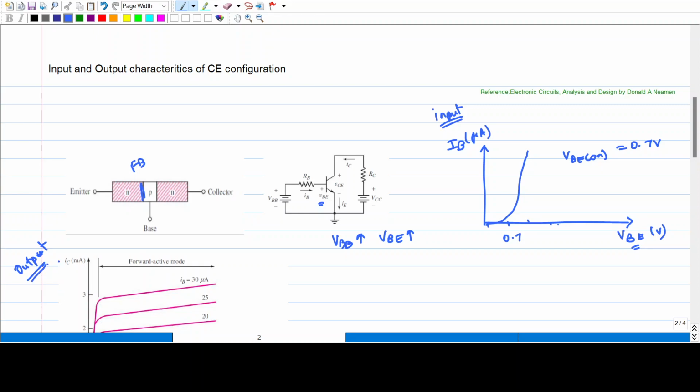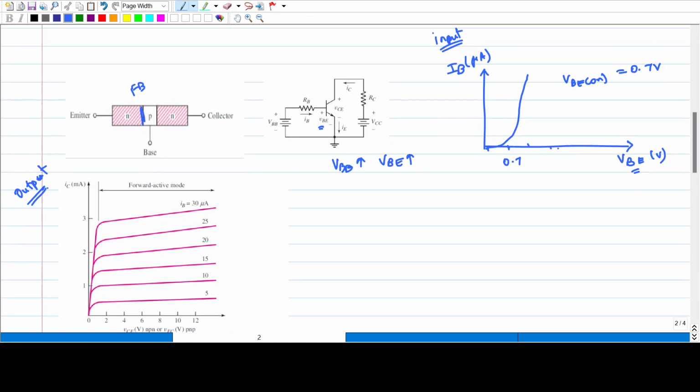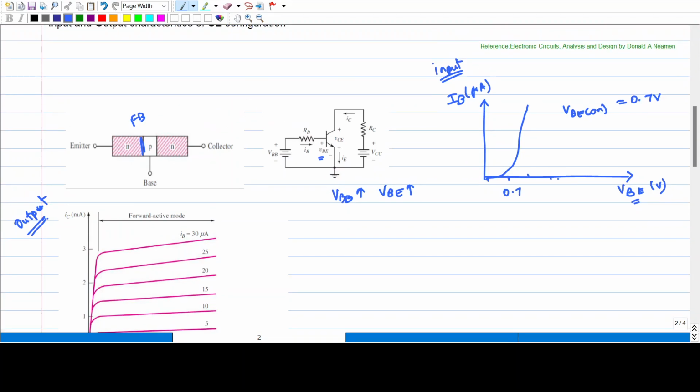In output characteristics, we have to plot IC, which is the collector current, versus VCE, the voltage between the collector and the emitter. Now let's see here. The emitter base junction is forward biased.